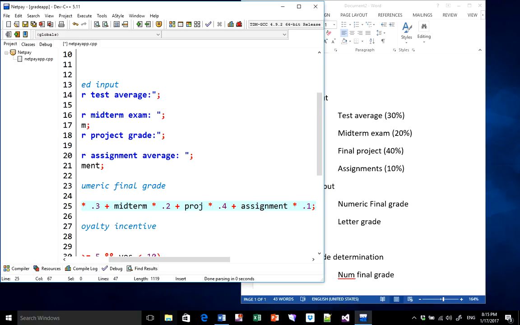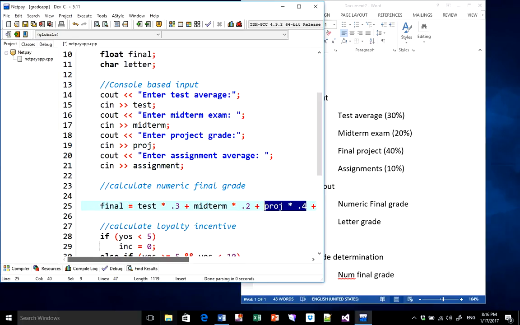And you can put parentheses. You can group them, like parentheses for the project times, so that it's clear, but you don't need to. It's not required. So now we have our final grade.